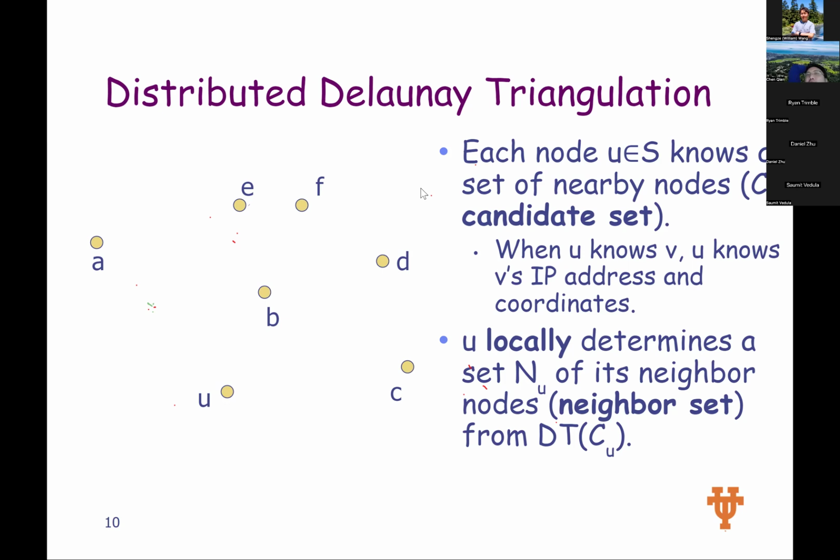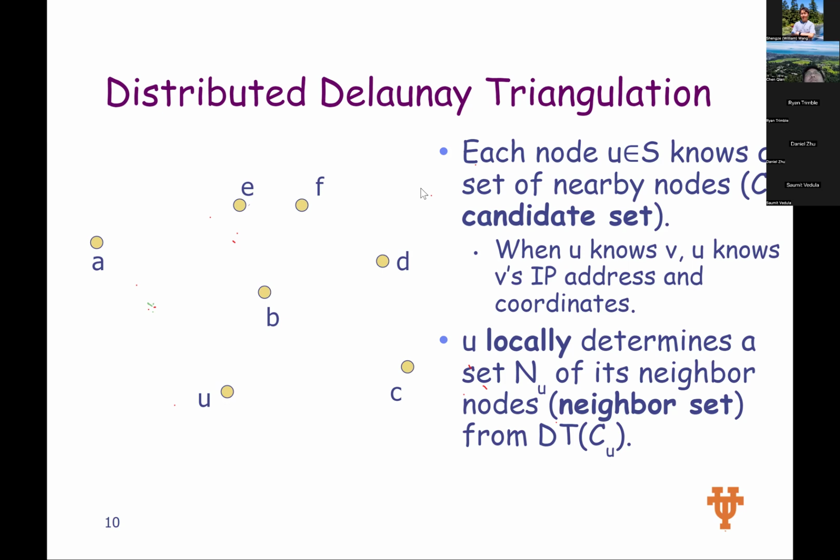However, if you want to calculate a DT for all nodes, would the calculation be linear? I'm not sure. I learned computational geometry, but I don't remember exactly the time complexity of calculating a Delaunay triangulation for d-dimensional vector space. But it's definitely bigger than linear.